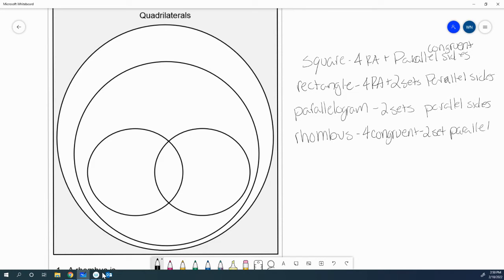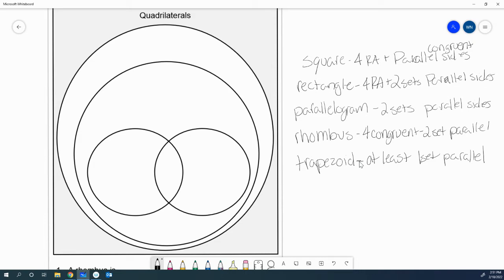We also want to include a trapezoid, which has at least 1 set parallel sides. Looks good, looks good. And we don't have to include quadrilateral because it already is.